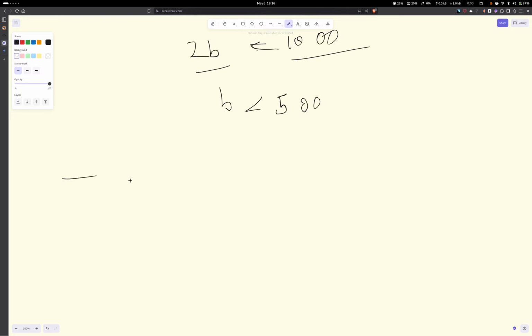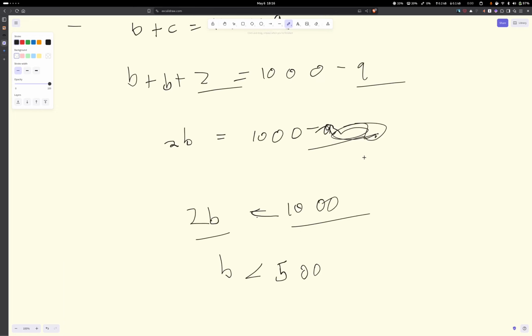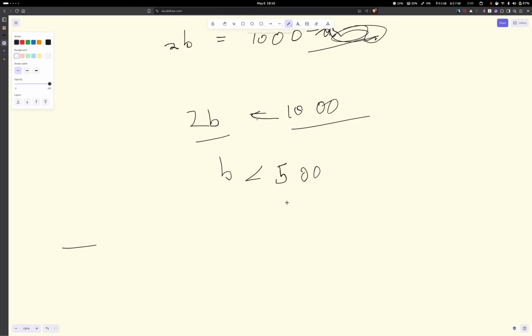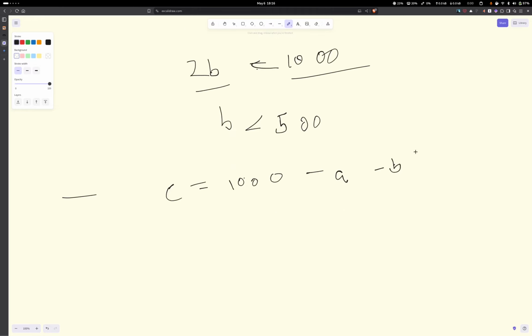Now, the best optimization we can do here is actually not just 335 and 500, but the fact that C is dependent on whatever A and B are, right? Whatever A is and whatever B is, C is already constrained.